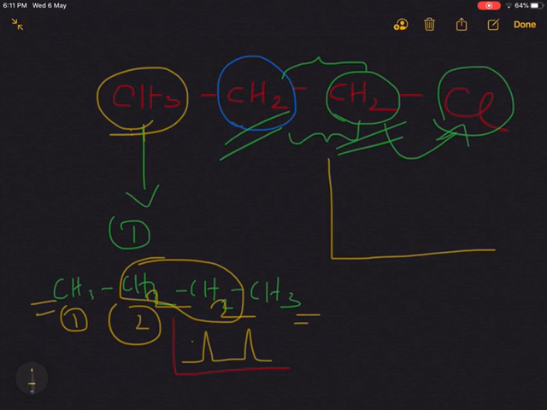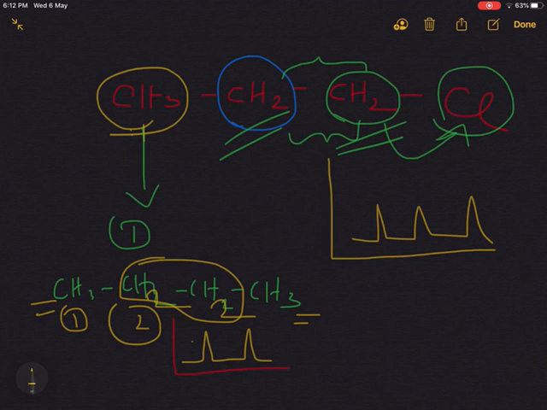Therefore, two peaks in the NMR spectra of this compound, butane. But for chloropropane, the two CH2 groups have different chemical environments. The reason is the second CH2 is attached to an electronegative atom, so we get two peaks corresponding to the two CH2 groups. So the number of peaks in the NMR spectra of CH3CH2CH2Cl is 3.